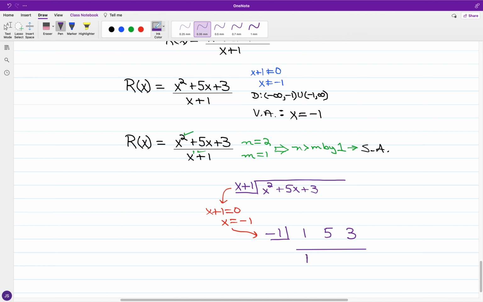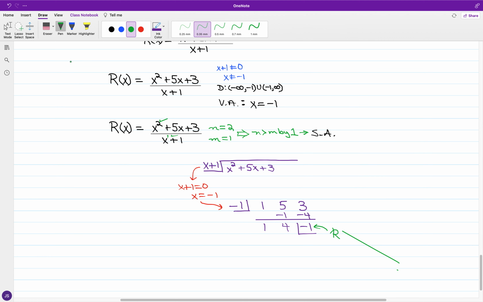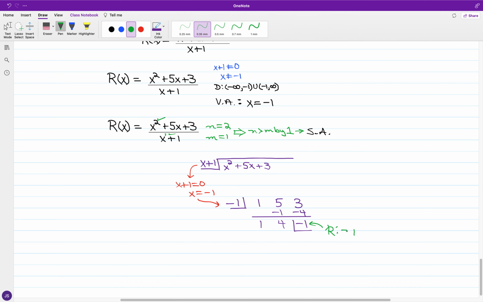So bring down 1, negative 1 times 1 is negative 1, 5 plus negative 1 is 4, negative 1 times 4 is negative 4, and 3 plus negative 4 is negative 1. I don't have any particular interest in the remainder, which is negative 1. What I do have interest in is the quotient, which is signaled by the 1 and the 4 in front of it.